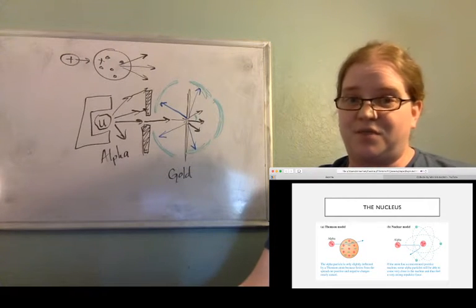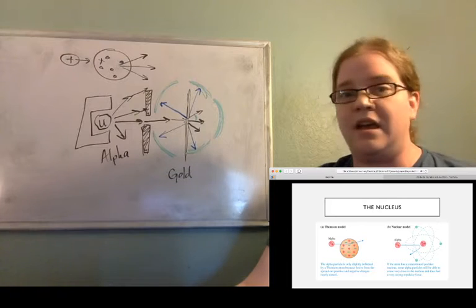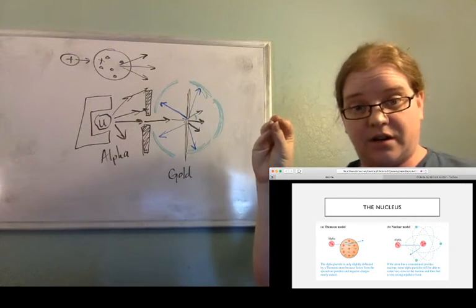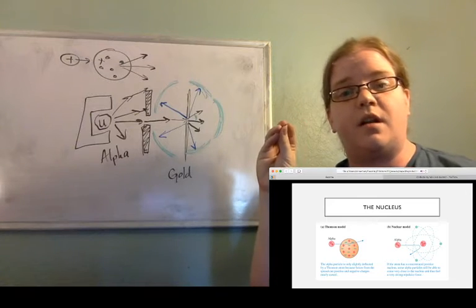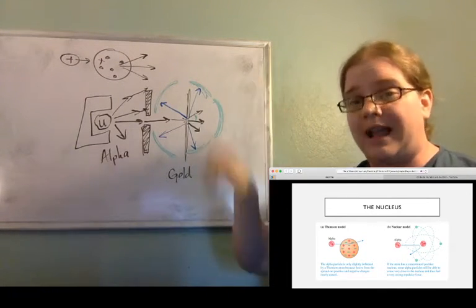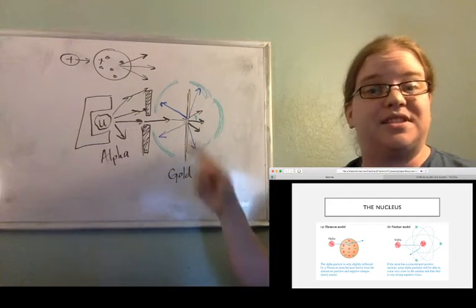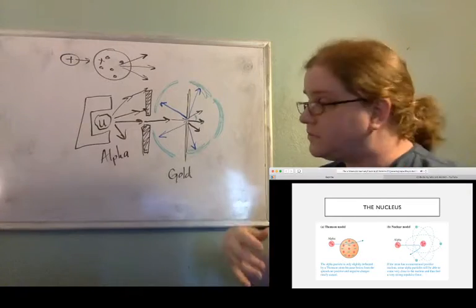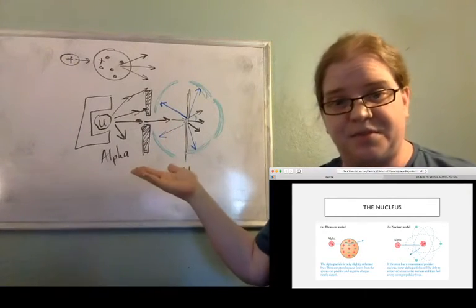And he was the first one to say, hey, maybe the atom is actually made up of a tiny center, the nucleus, where you're going to have positive charge, and then electrons, the negatives, which are kind of outside of that somewhere, to give you the bulk of the atom. Because that explains these results.